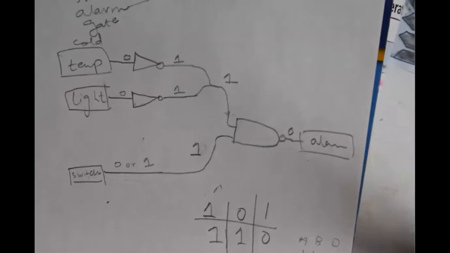So when you can see that the last gate's output is 0 entering the alarm, that means the alarm is getting turned off. 1 coming out of the switch is showing you that the switch is on. So when the switch is on, the alarm is off. Okay, got it. Is there any other question? No. Okay.